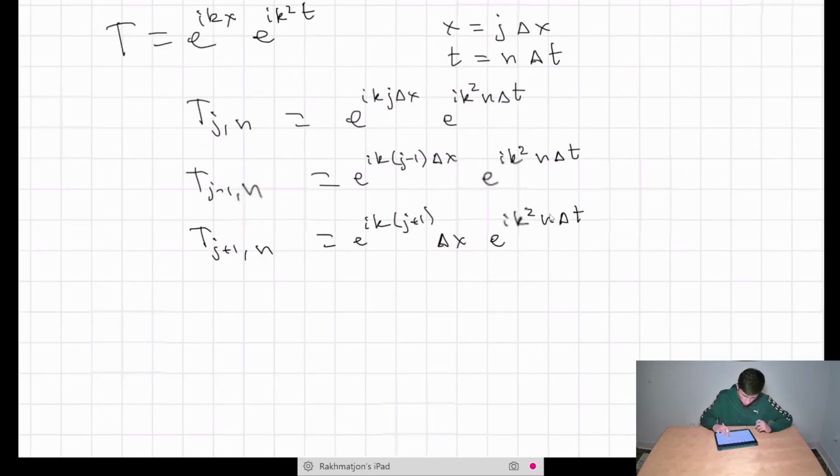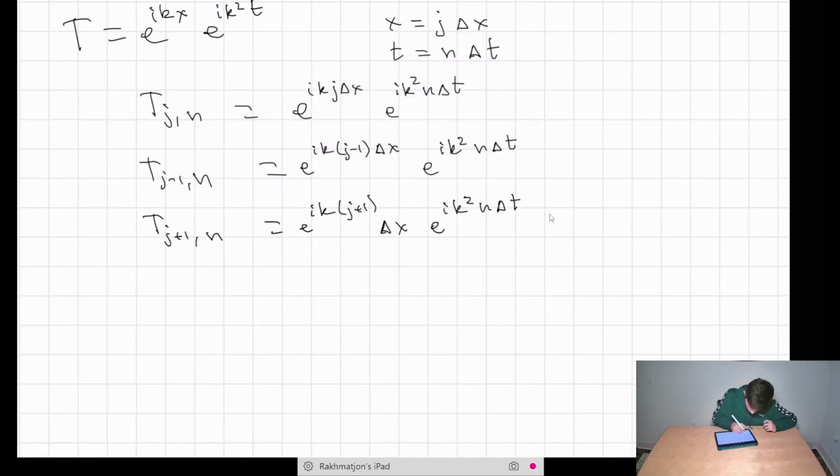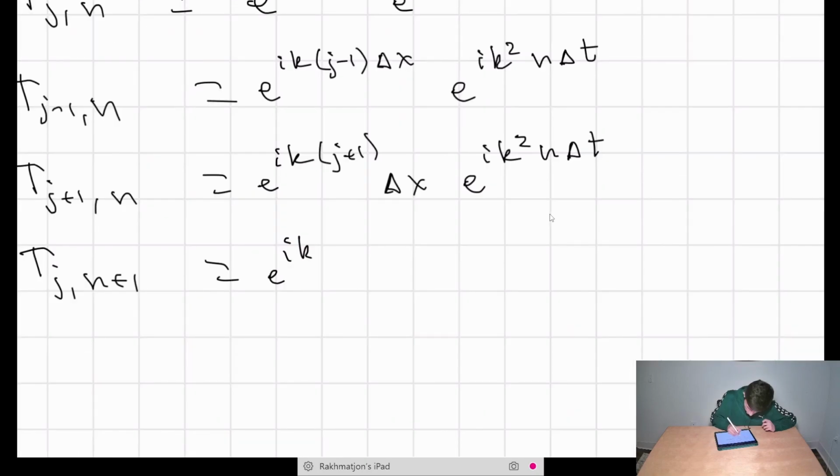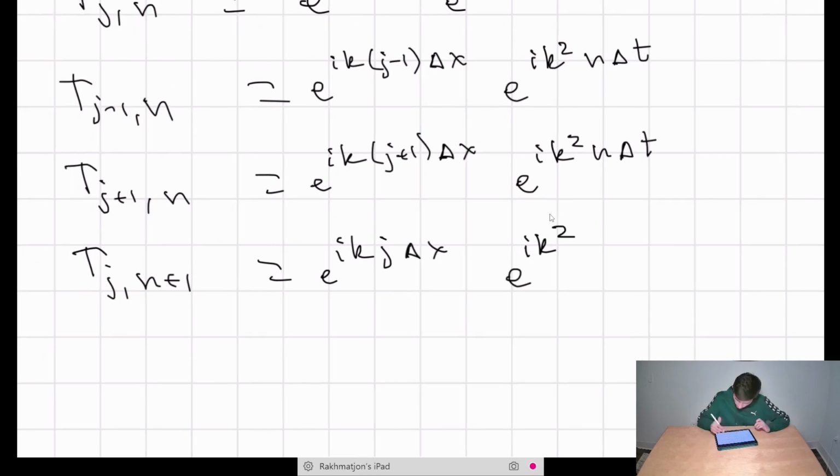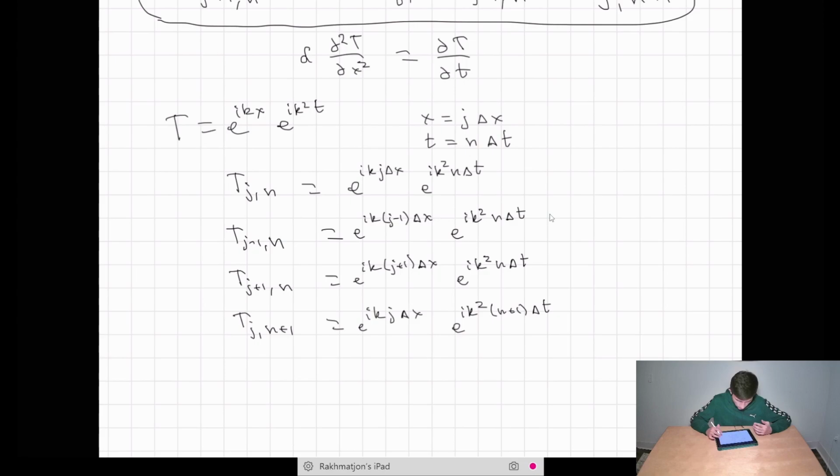And our temperature at j, n plus 1 is going to be equal to e to the i k j delta x, I forgot my mistake, so delta x is here, times e to the i k squared (n plus 1) delta t.